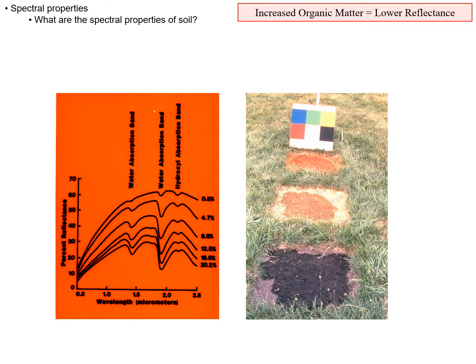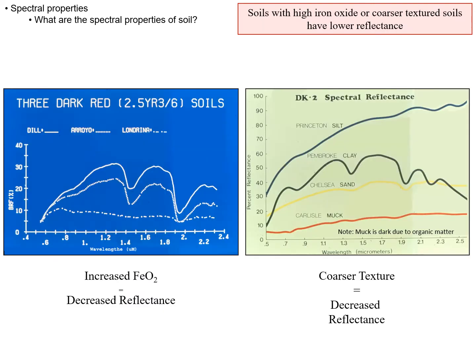But the other thing is those water absorption features become deeper. And that's predominantly because soils with higher organic matter in them, organic matter tends to bind or contain more water, and therefore you get that same water absorption feature that you would get in leaves, for instance.